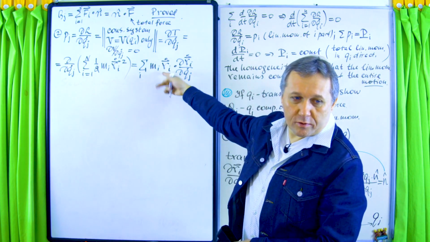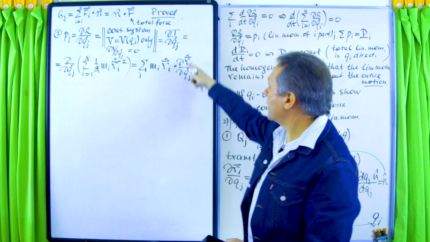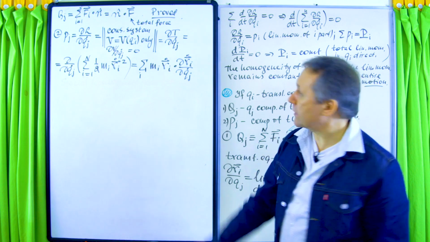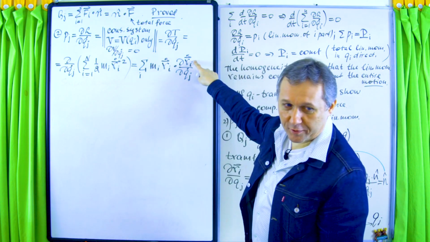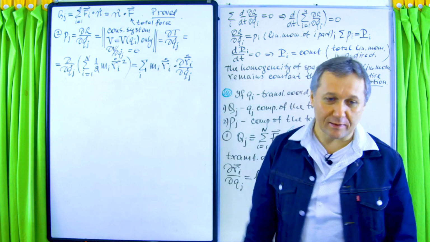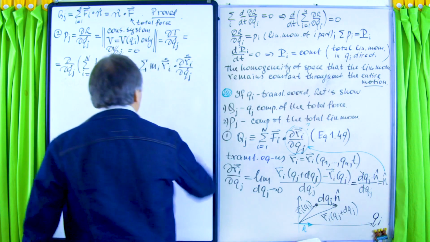Here, nothing fancy, it's just a velocity. Let's take care of these partial derivatives. Again, it's old velocities versus new velocities. You remember, these are linearly dependent, these are linearly independent.